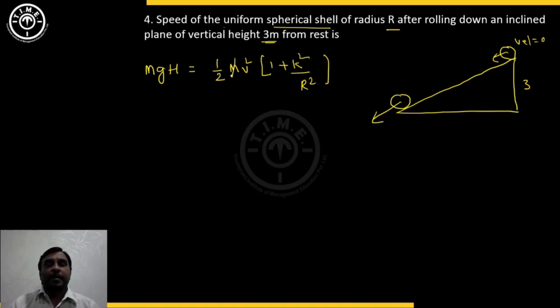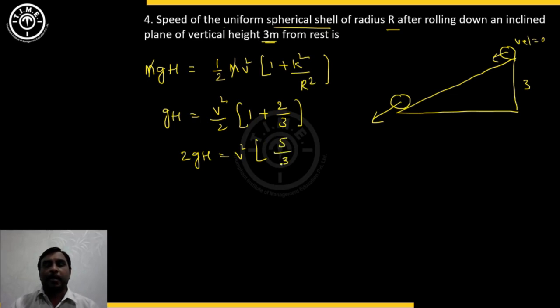Then m and m get cancelled. gh is equal to v square by 2 times 1 plus k square by r square, and for a spherical shell that value is 2 by 3. So 2gh is equal to v square times 5 by 3.